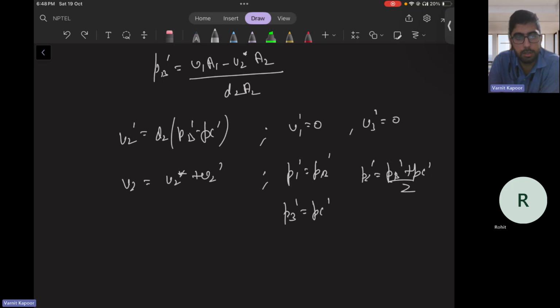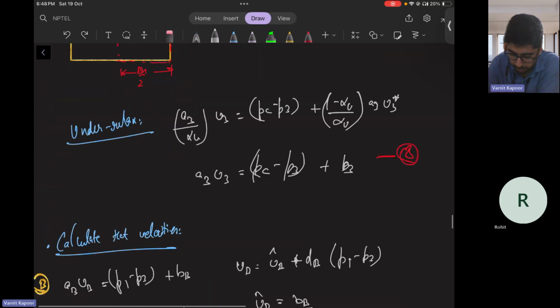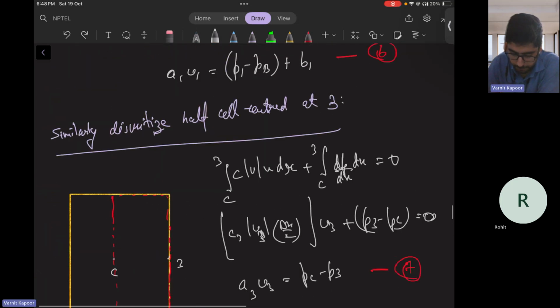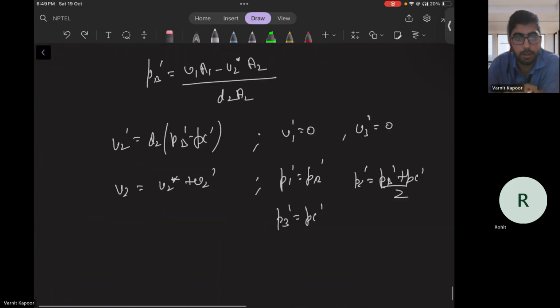So U1 prime, you would neglect that one. From equations 6 and 8, I'm saying. Okay, this was your equation 6, right? Equation number 8 is this for U3, and 6 is this for U1. Any doubts? If you check equations 6 and 8.